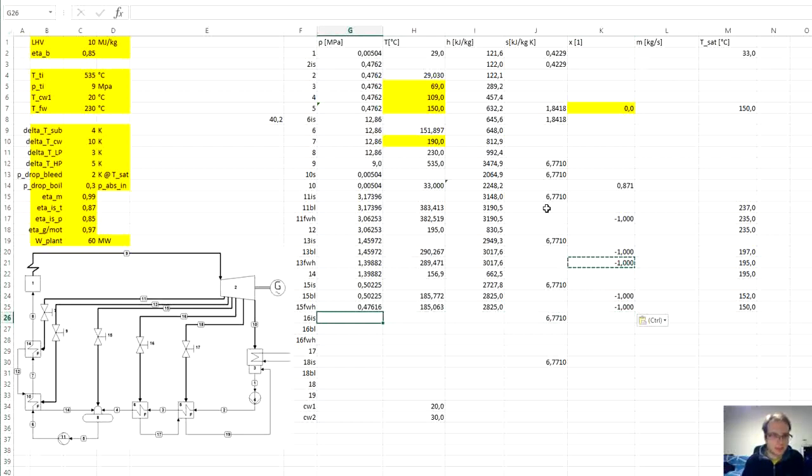The following point is 16 isentropic, so we are flowing into the low pressure feedwater heaters. So again we need to get the saturation temperature, which is here temperature at 0.4, 109, plus the temperature difference at the low pressure part of the cycle.